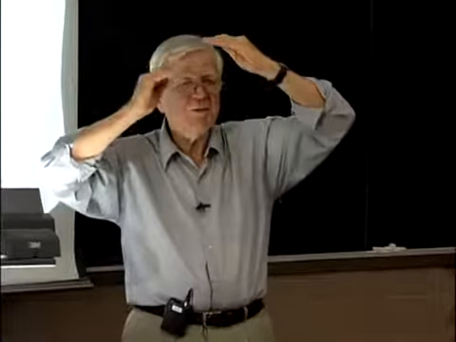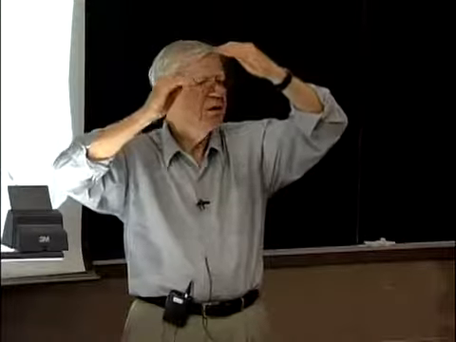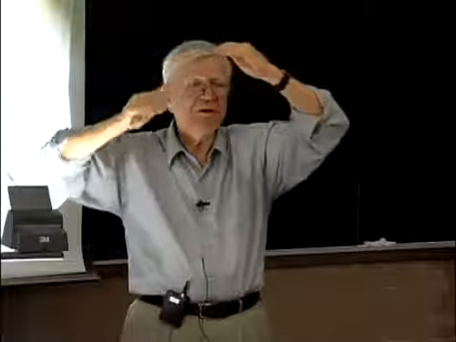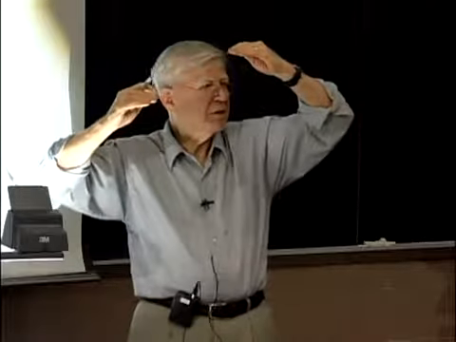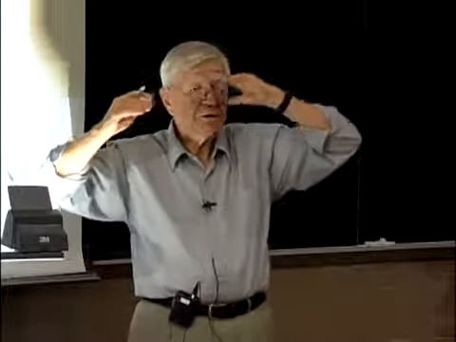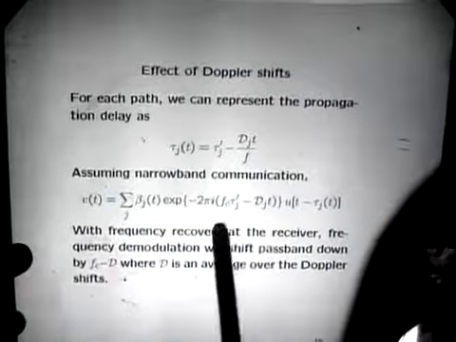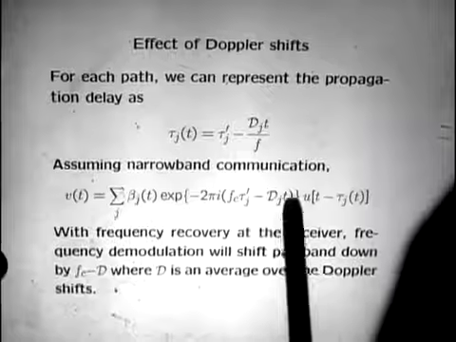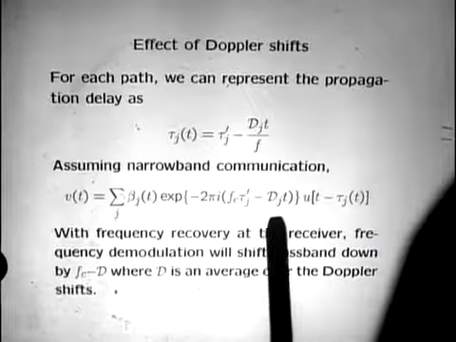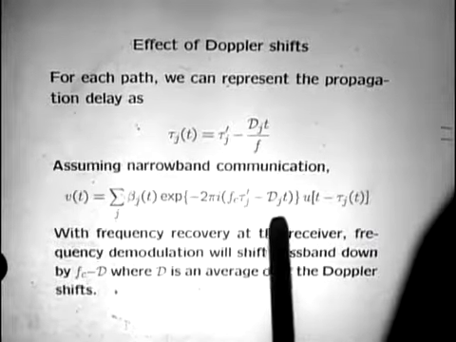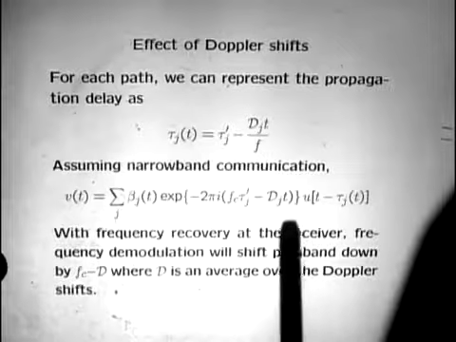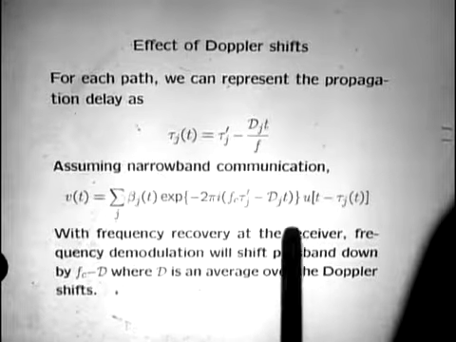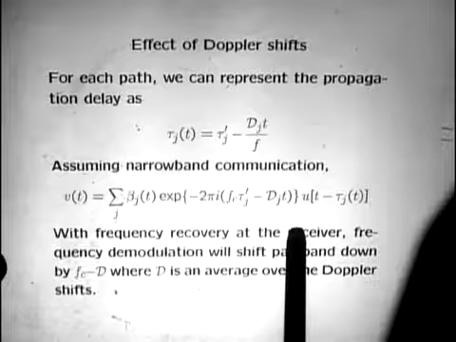When you try to measure what the received carrier is, you're going to be frustrated by all of these different Doppler shifts. You're going to come up with some average value in your frequency circuit, which means that in place of this quantity, you will get something which replaces each of these d sub j's by not the actual Doppler shift, but by how far this Doppler shift is away from the mean Doppler shift.